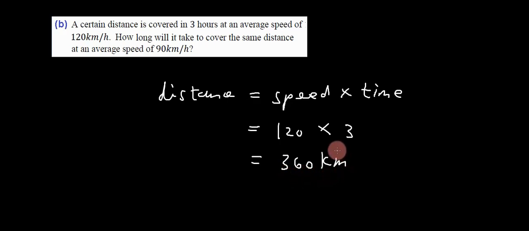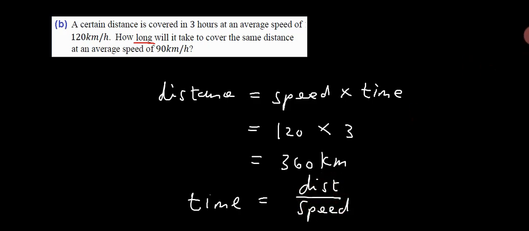Now they want to know how long would it take to cover the same distance, in other words 360 kilometers, at an average speed of 90 kilometers per hour. So we need to find the time in the second part of the question. So here we can use the equation time is distance over speed.